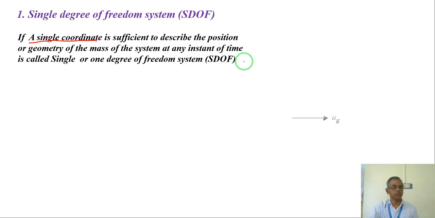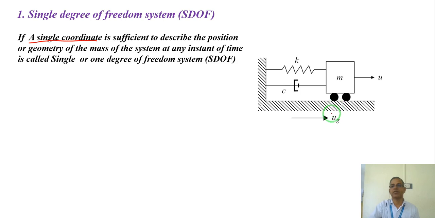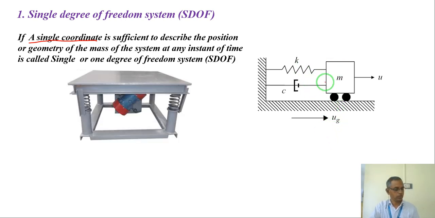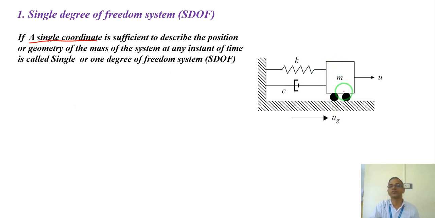Then the mathematical modeling of this single degree of freedom system: this is a mass moving in the horizontal direction, the x axis, with a displacement u, over rollers. That means there is no friction, and there is resistance to motion by stiffness and resistance to motion by damping.